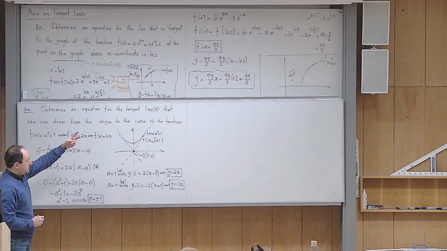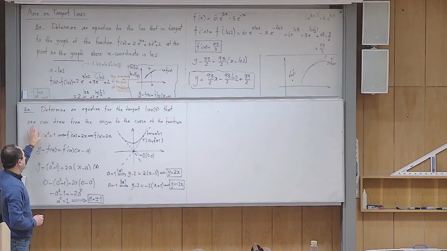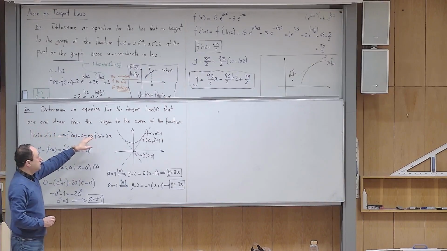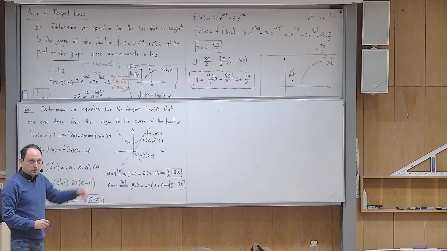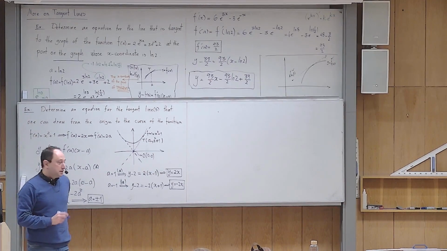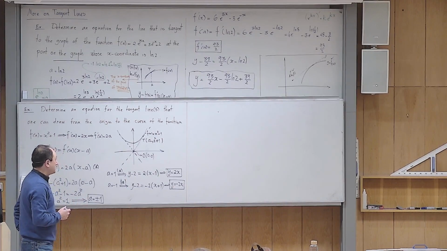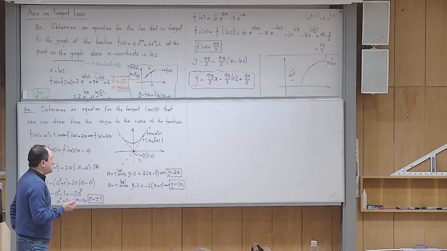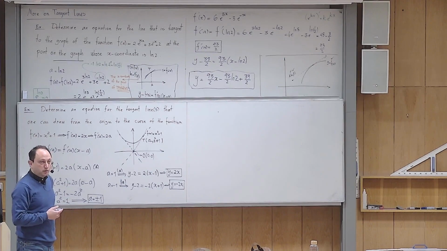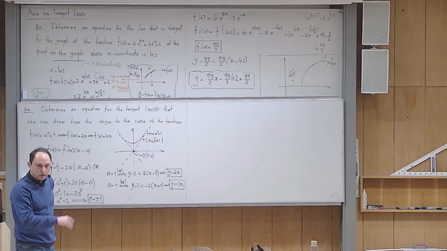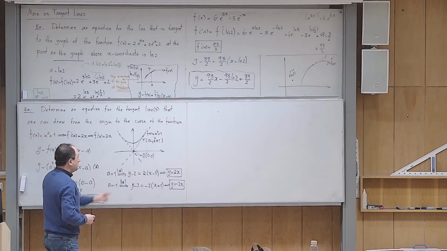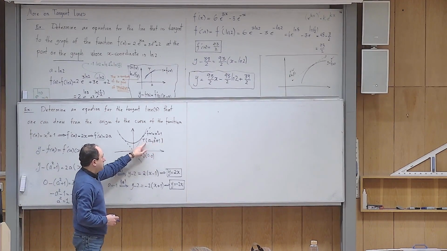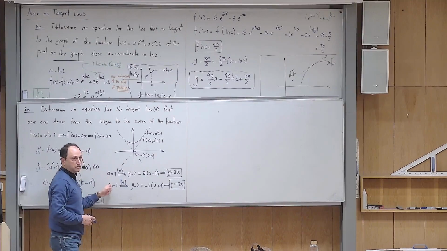Now we understand that there are actually two lines that one can draw from the origin to the curve of this function. These are the equations for those. But another question that I might ask is, what are the coordinates of the point of tangency? This is a byproduct of what we calculate. So again, I have two values for a.